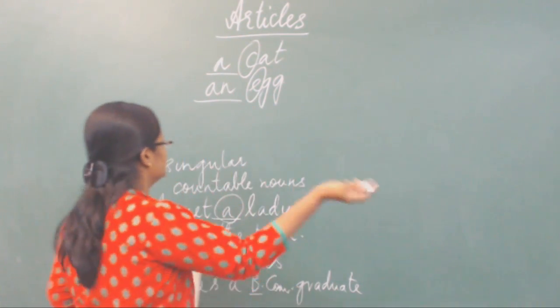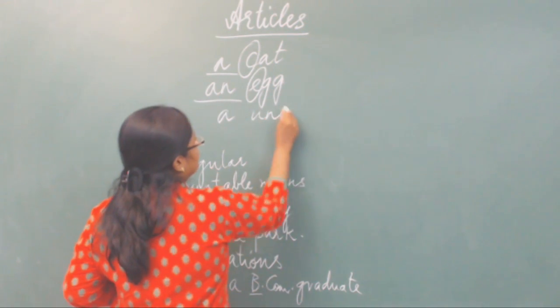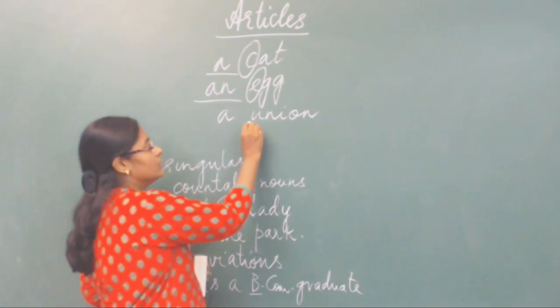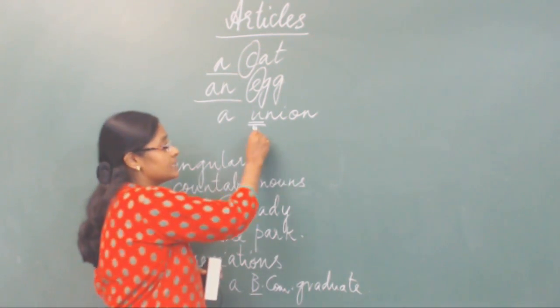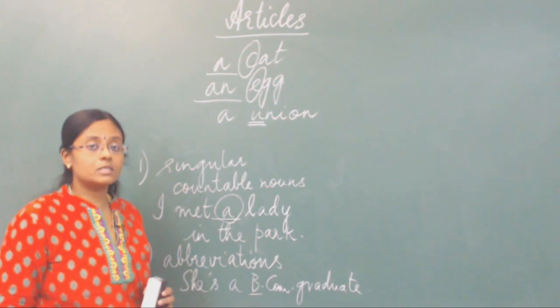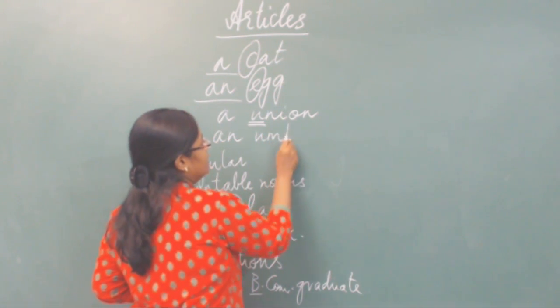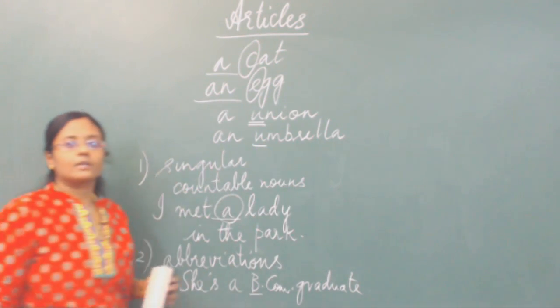But what about words like a union? Now you know for sure U is a vowel, but it doesn't start with a vowel sound. Whereas the word umbrella starts with a vowel sound.